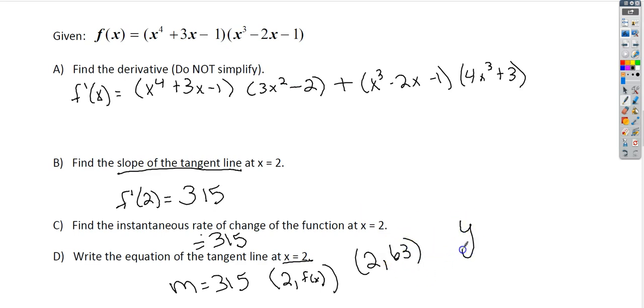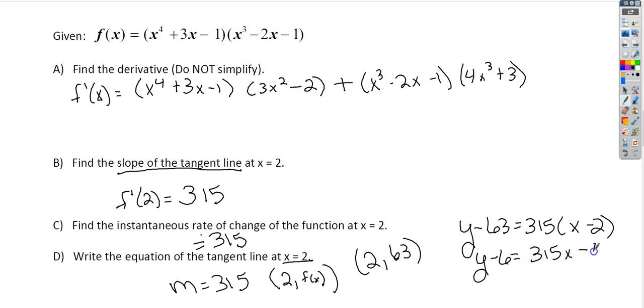And then to find the equation, y minus the y value equals the slope times x minus the x value. And then add 6.